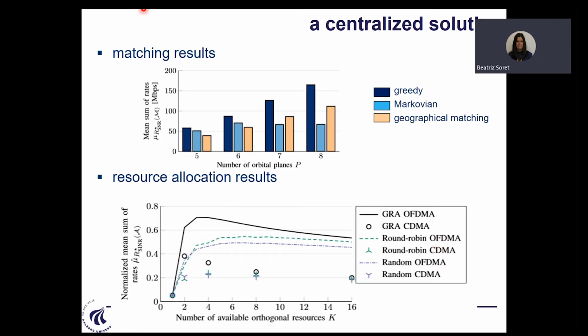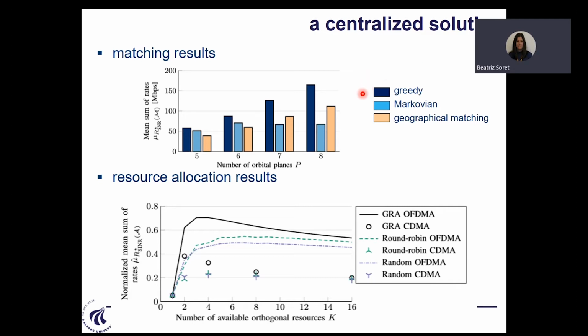The results of this study, where we are talking about a centralized solution, I'm going to talk about it in the next slide. For the matching results, in terms of the pairs that are established, we get more or less the same amount of pairs for the three solutions that we investigated.